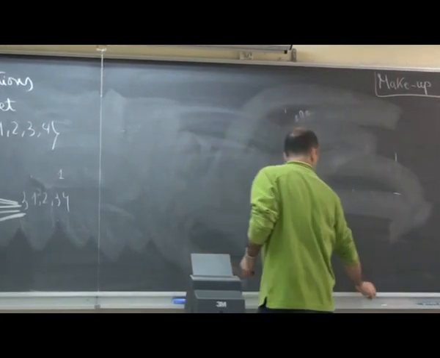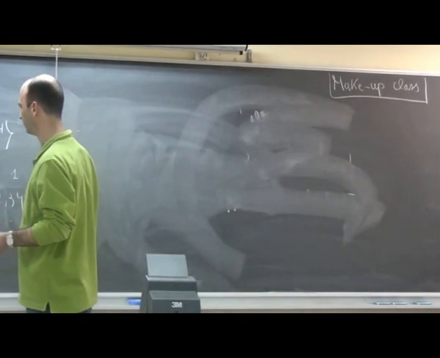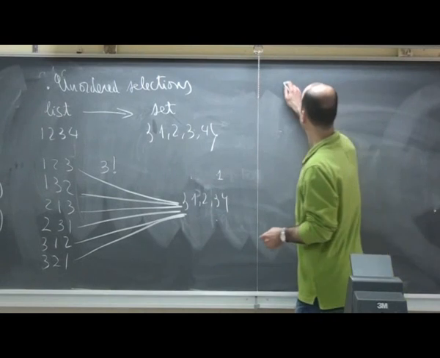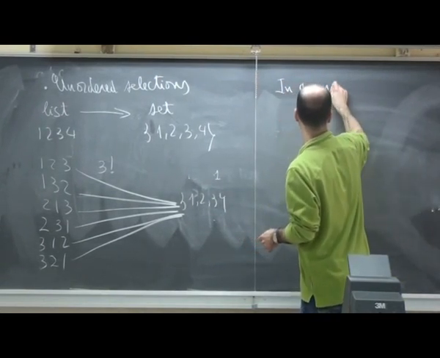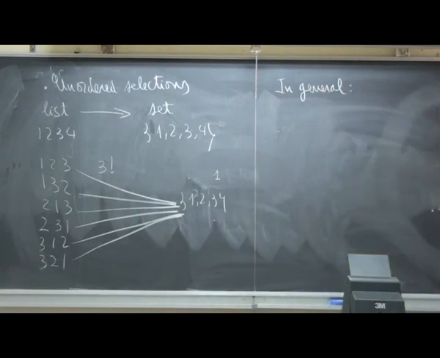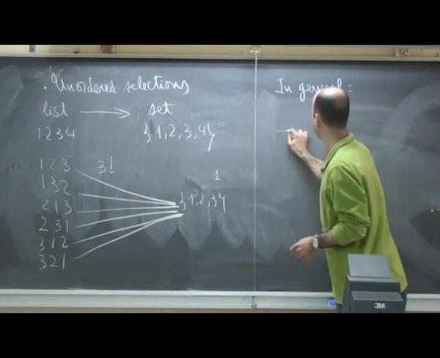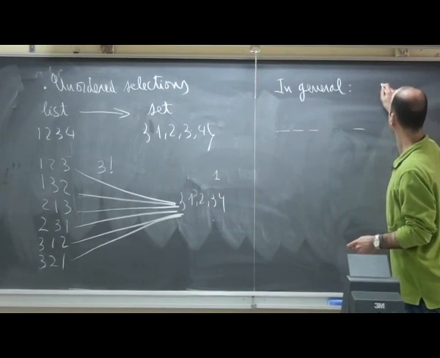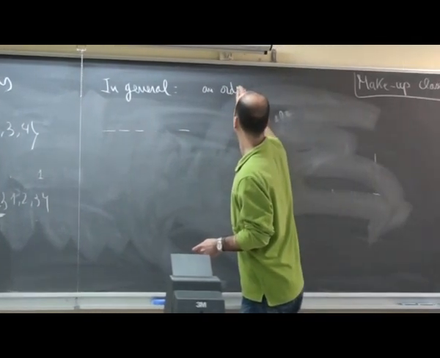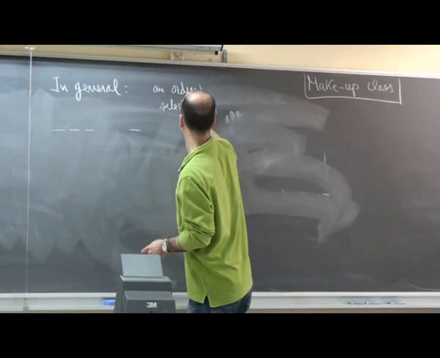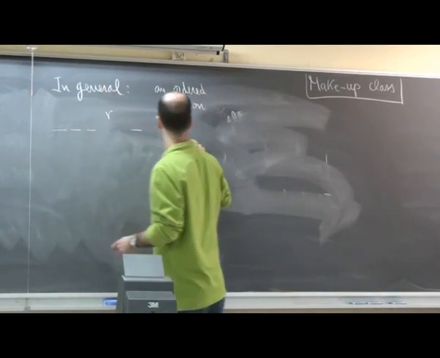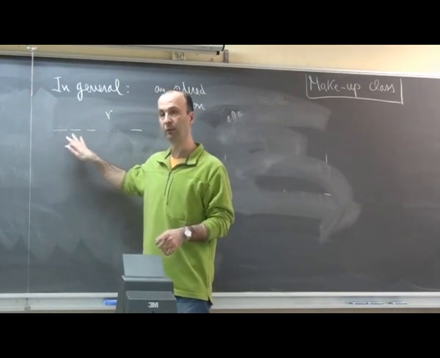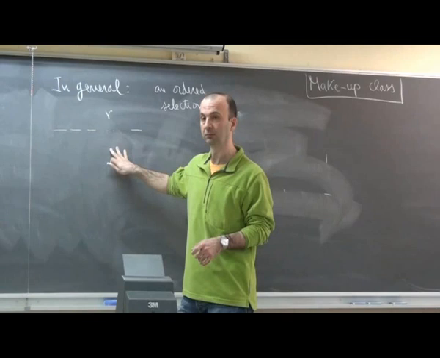So in general, I have n elements, and I want to select R of those, right?